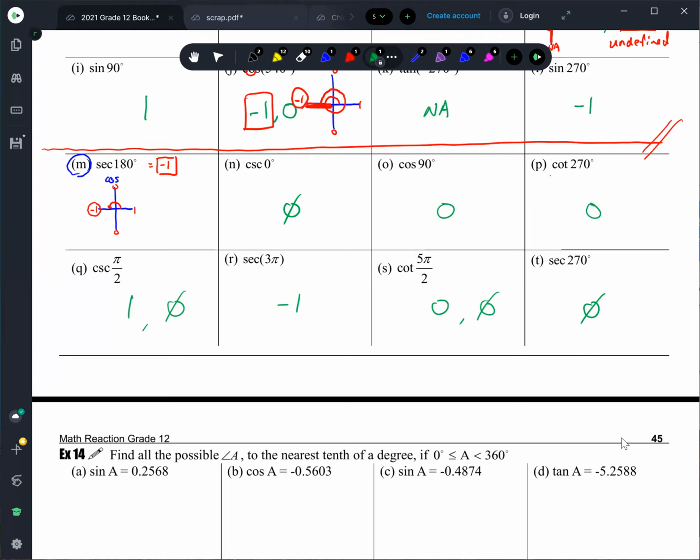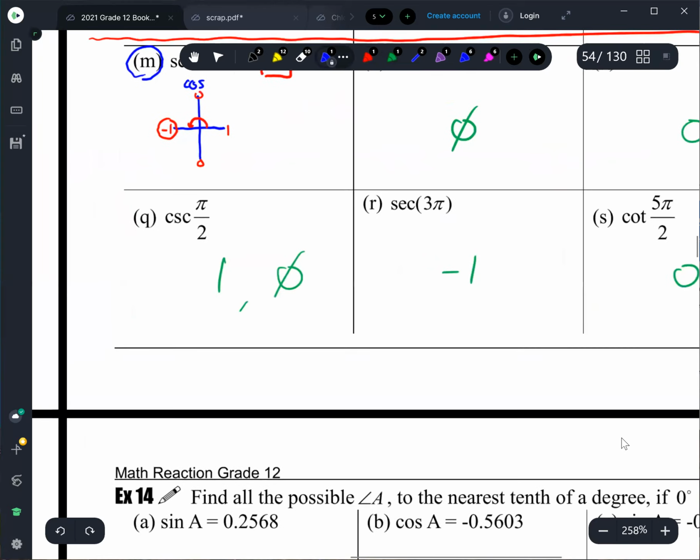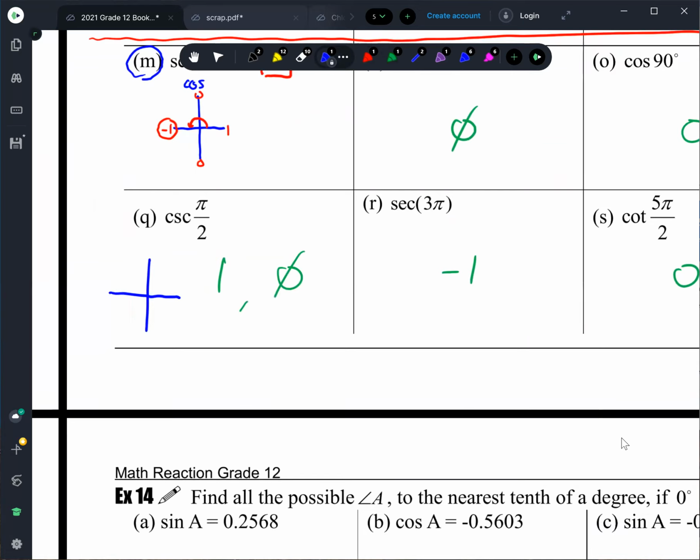All right, so let's look at those two, right? See which one's correct. So cosecant, we'll look at Q, right? Pi over 2. Remember, pi is at 180 degree, right? So pi over 2 is 90 degree. So it turns to here. Okay, and we are doing cosecant, okay? So you think about cosecant as reciprocal of sine, right?